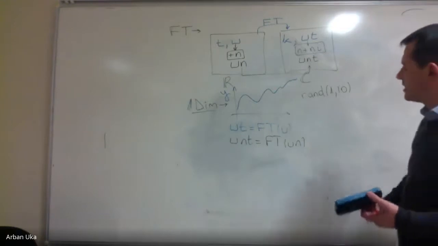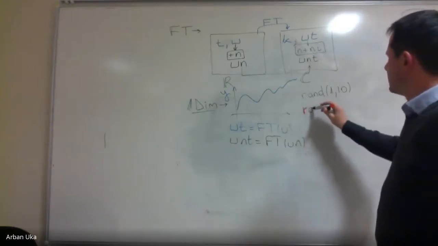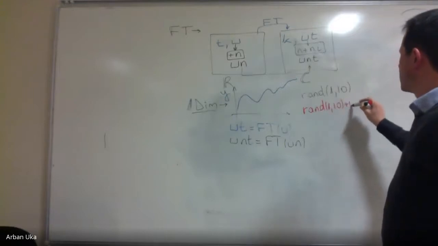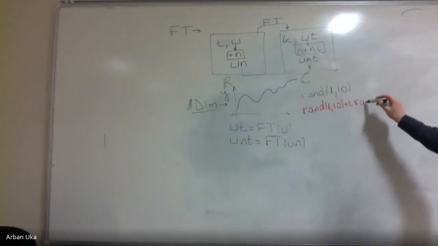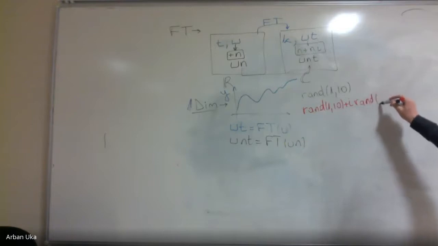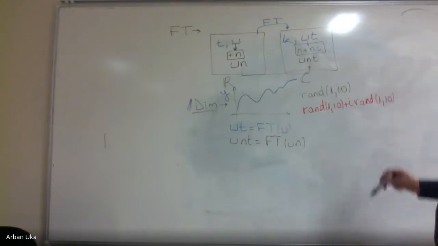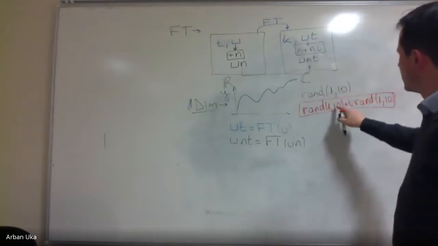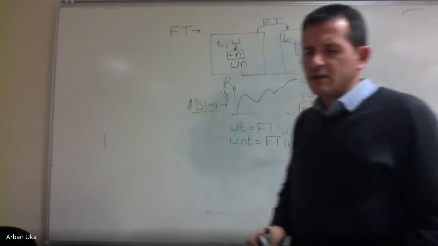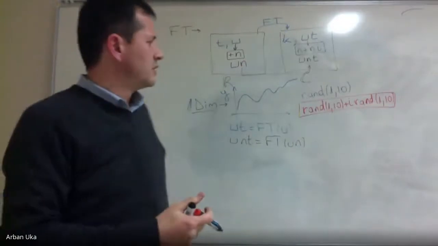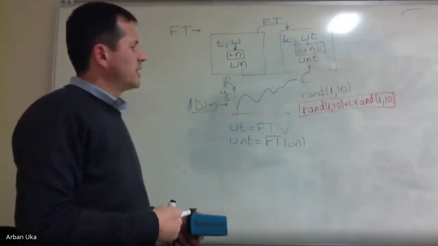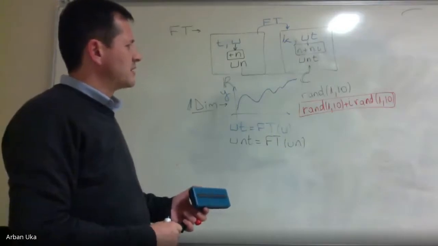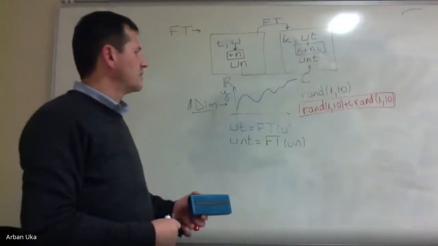But if we write random numbers 1 to 10 plus a complex number times random numbers 1 to 10, this is the noise that we have in the Fourier domain, because these random numbers will have both a real value and a complex value. So we are adding something which has an amplitude for sure, but it also has a phase. For each phase, each amplitude.